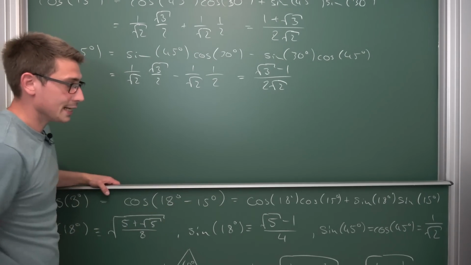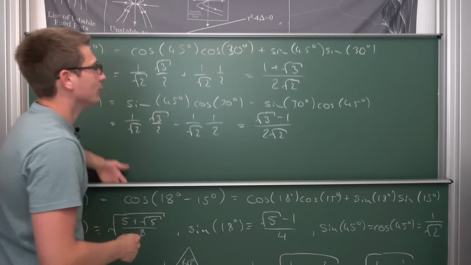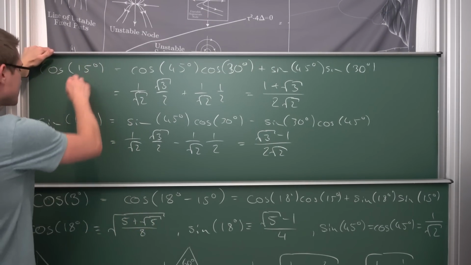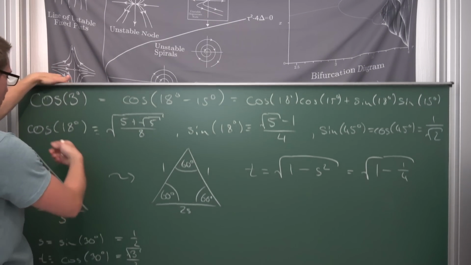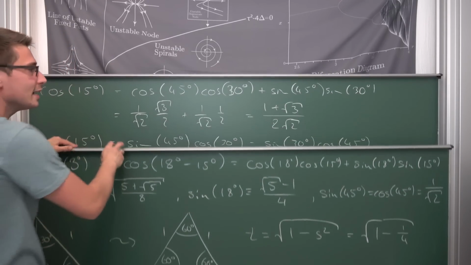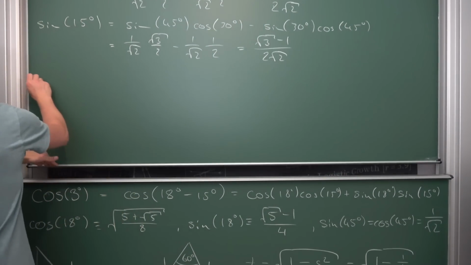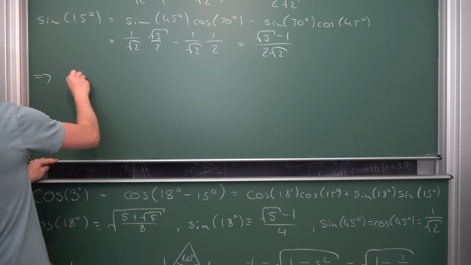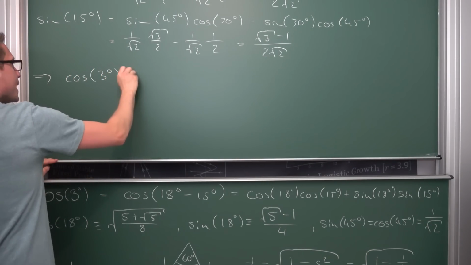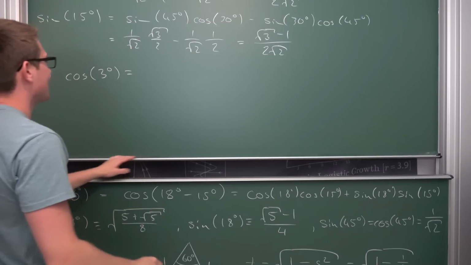And now we are basically done. We can just start plugging our values in. So we now found out what cosine and sine of 15 degrees are. We know what the cosine and sine of 18 degrees are. So overall, we now know that the cosine of 3 degrees is going to bear this very, very ugly expression.